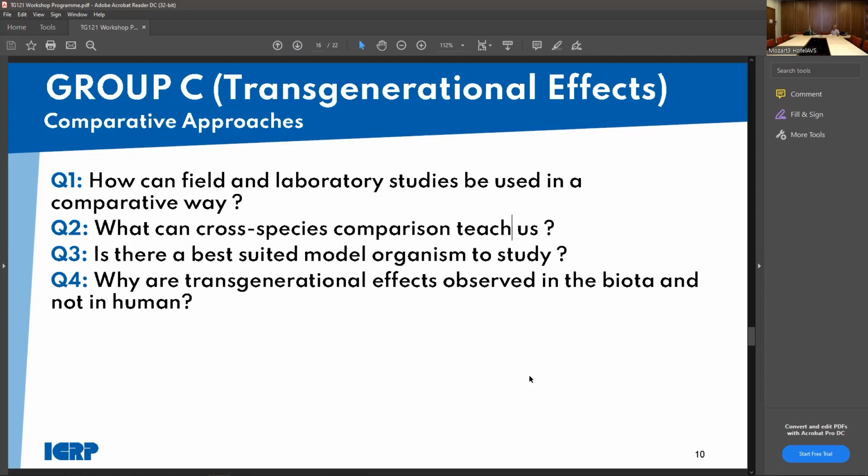But on the other hand, if you want to study, of course, male versus female sensitivity, it's very difficult.